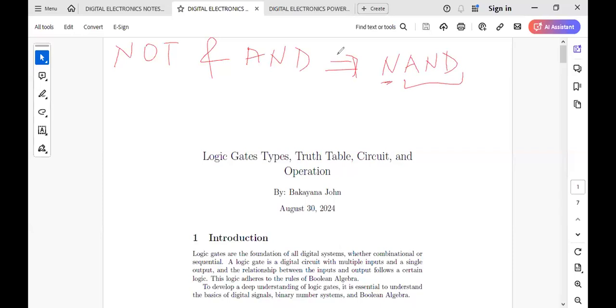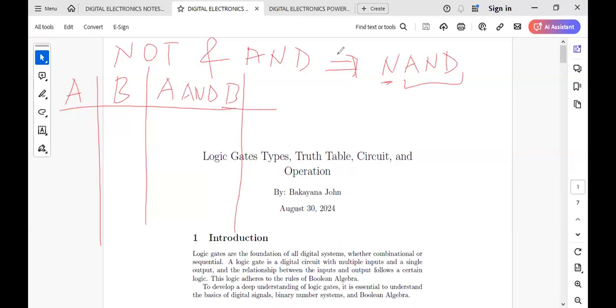For example, if I have my two inputs, A and B, and then I have A AND B, this is the AND gate now. Let's say this is 0, 0, 1, 1, and then this is 0, 1, 0, 1. A AND B is going to be multiply: 0, 0, 0, 1.